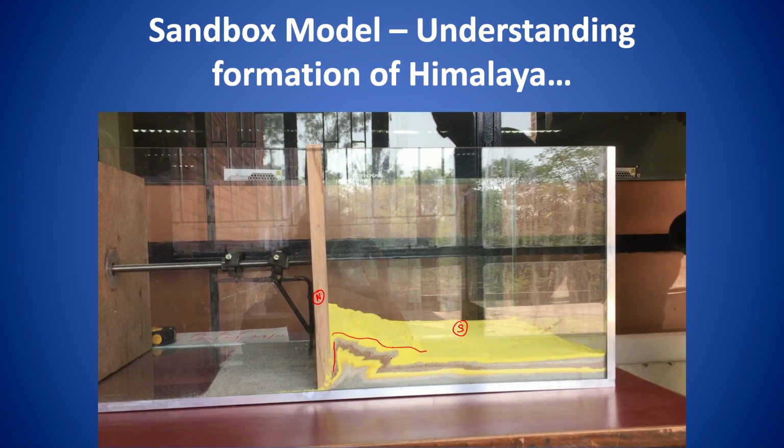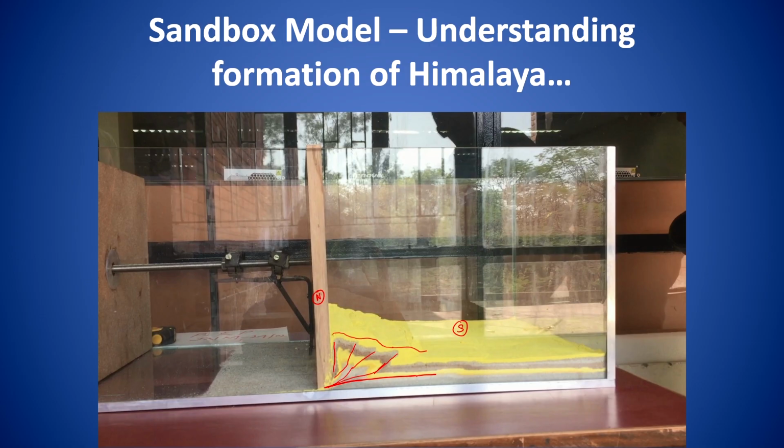And in the section you can also see that there is a displacement, where we took sand of different colors, and that helped us in identifying the displacement. These are all thrust faults, and if you look carefully, they are all merged over here. This is typical of the displacement which has been transferred along the décollement.